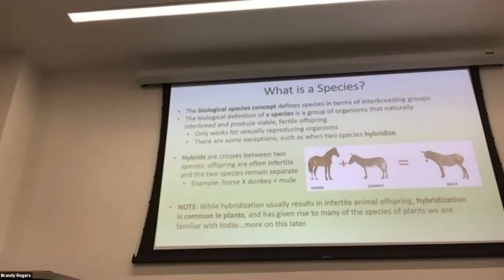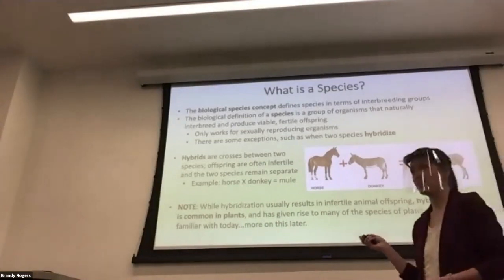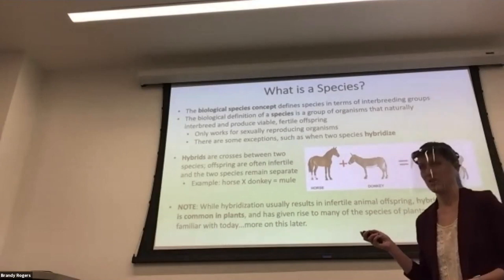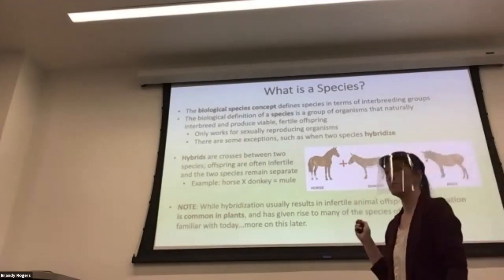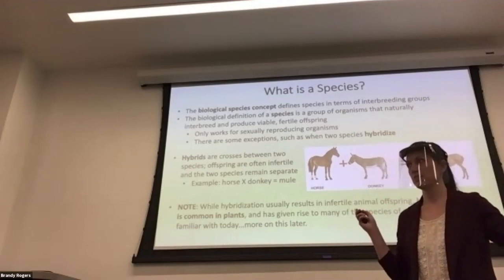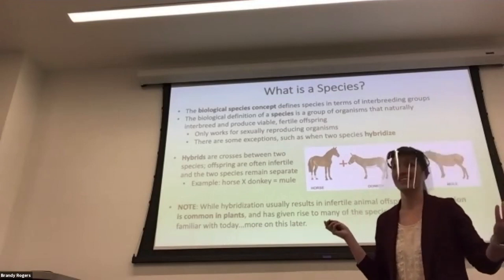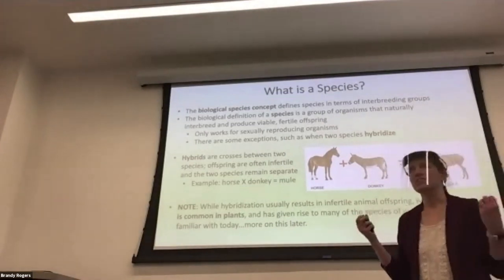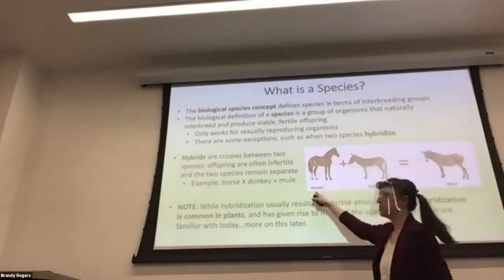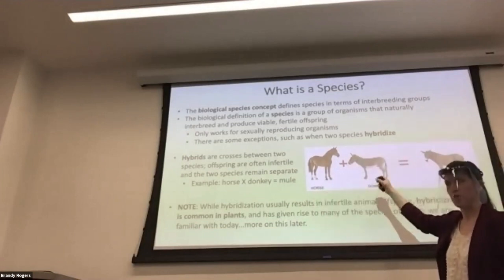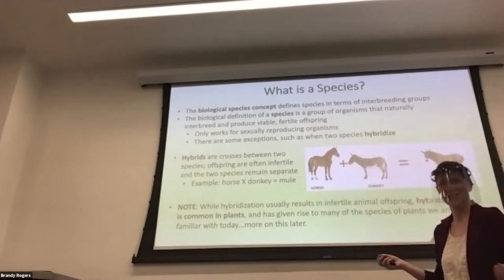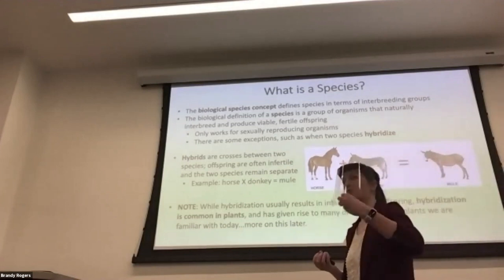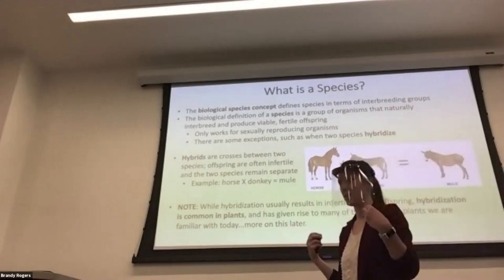Since like 500 years ago, when people started keeping records of this type of thing, I think there have been somewhere around 60 mules having more mules. But that's not very many, right? So anyway, it happens, but it's not very common because horse and donkey have different chromosome numbers. It's actually so specific that it comes down to whether your horse is a male or female and your donkey is a male or female, because of chromosome number and the fact that horses and donkeys are also XX, XY like we are.